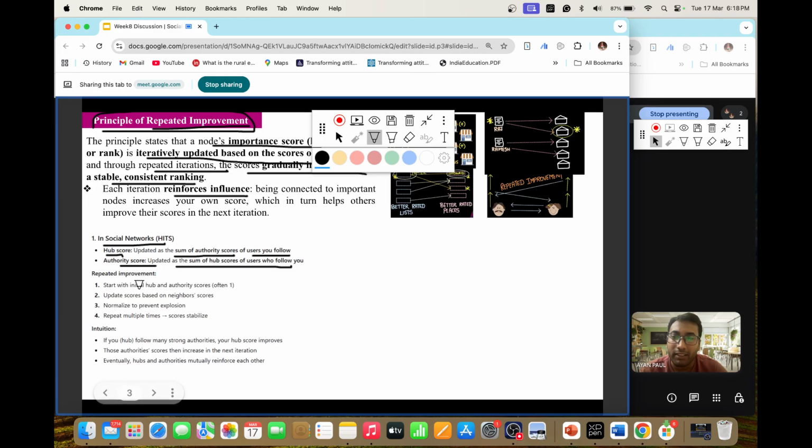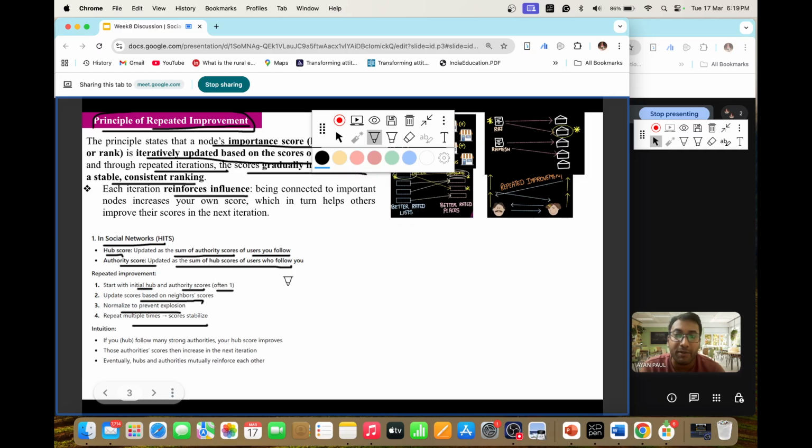Repeated improvement starts with the initial hub and authority scores, often 1. That means we will give 1 to each node, whether it is a hub or an authority.